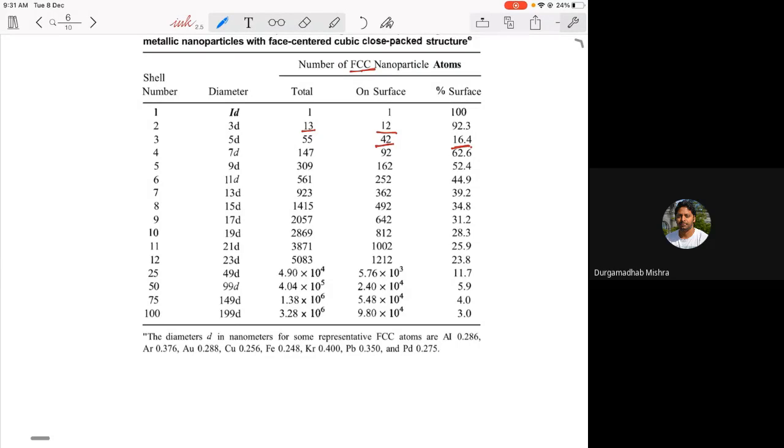Aluminium will have a different number, but typically, for this FCC nanoparticle, between 6 to 8 cells you will be going from a nanocluster or nanoparticle to almost bulk behavior. But it's not like a sharp transition. You have 6 cells and you go to 7 cells, and it suddenly becomes bulk-like. Some properties can become bulk-like before that.